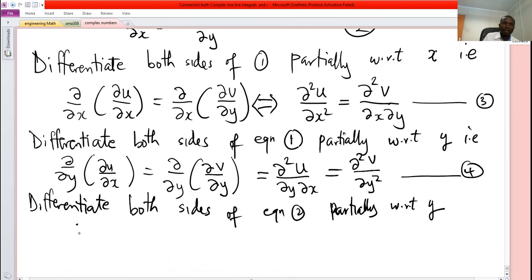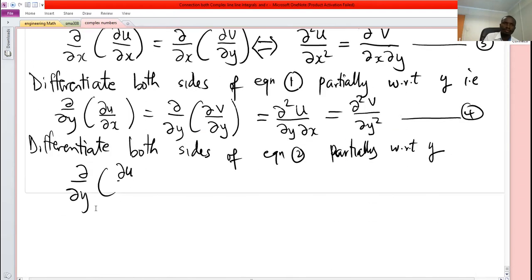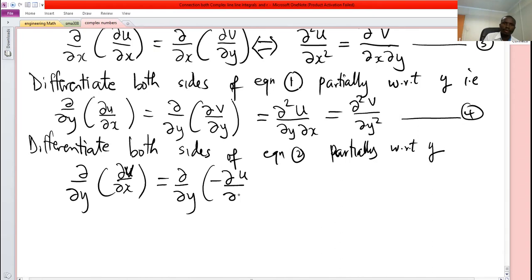So I'll have partial y of partial v partial x equals partial y of minus partial u partial y.